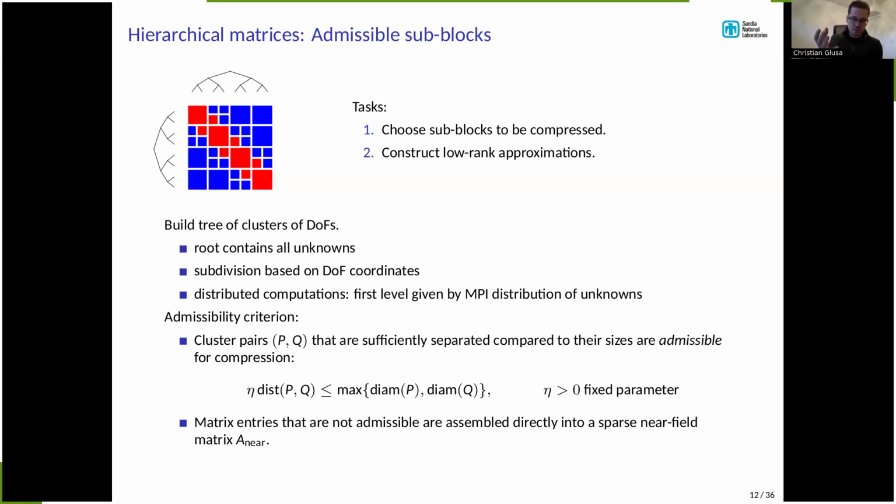The way that we construct this is that at the root of this tree, all our unknowns are in the root. Then we refine this tree based on the physical location of the unknowns. Essentially, since this is 1D, we first divide our tree into all the unknowns that are left of some separator and all the unknowns that are on the right of some separator.